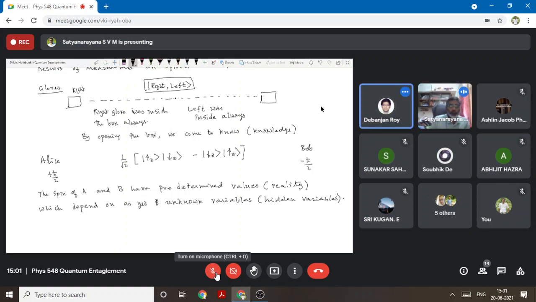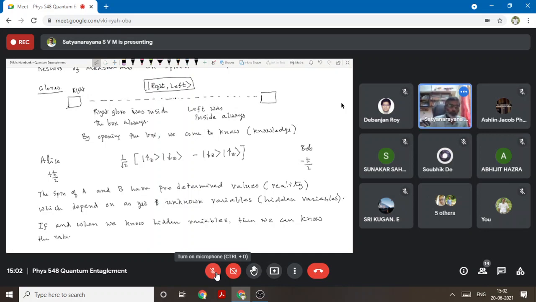So if and when we know hidden variables, then we can know the values of measurement outcomes.